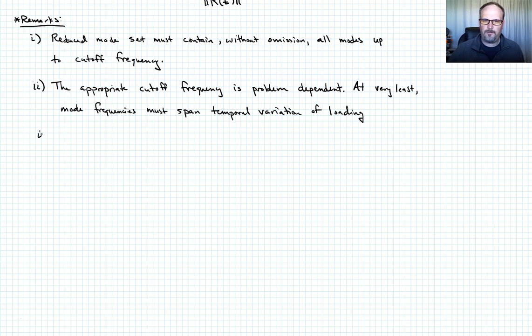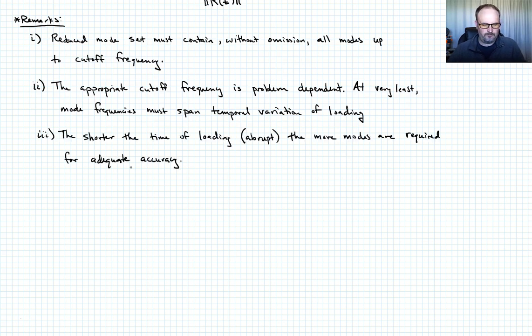Number 3, sort of a corollary to what I just said: the shorter the time of loading, right, you just have a quick bump or a quick impulse. If that loading is abrupt, the more abrupt it is, the more modes are going to be required to capture it accurately. Number 4, as you might expect, hopefully from your intro class, you know that you need higher resolution if you need quantities that involve the derivative of the displacement, right?